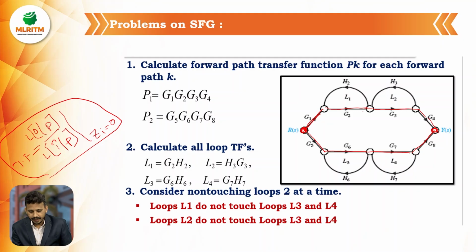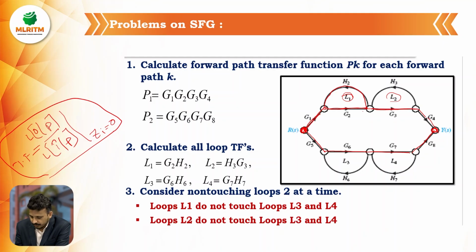Now I have to identify the number of loops. See, there are a total of 4 loops. The first one is G2 H2, loop 1, and this is another loop. Loop means the signal should start at a node and end at the same node.